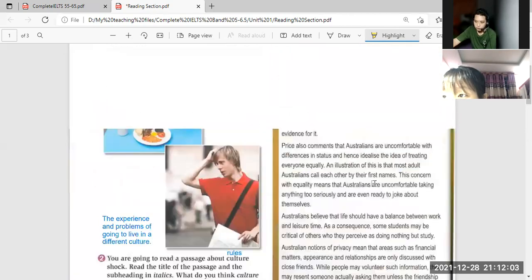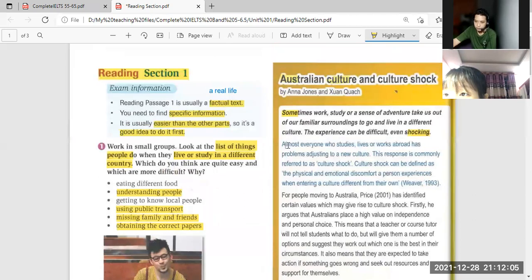Okay, culture shock affects most people. Most people has the similarity with almost everyone. Okay, almost everyone is the same as most people. Who studies, lives or works abroad has problems adjusting to a new culture. This response is referred to as culture shock.